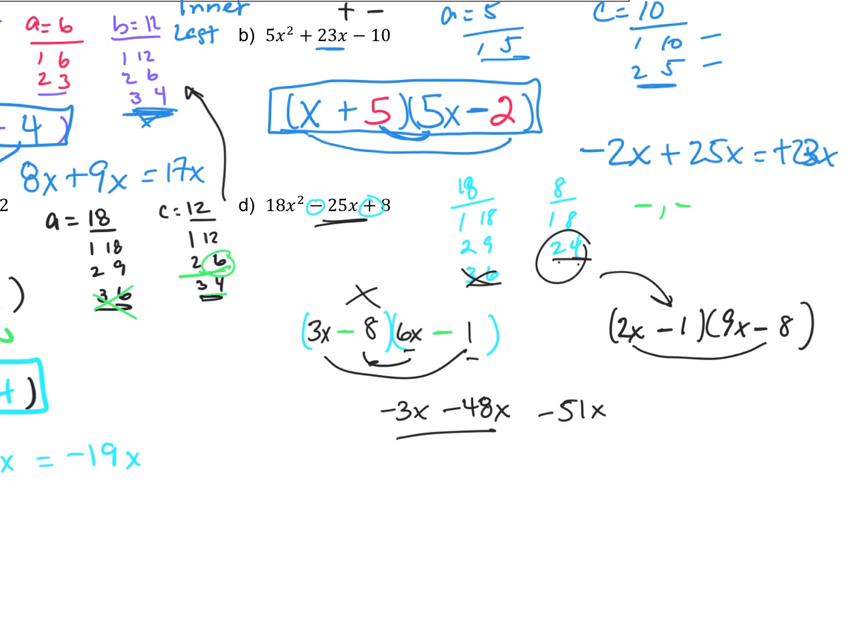So 2 times the negative 8 is a negative 16x. And negative 1 times a 9x is a negative 9x. And that gives us a negative 25x. So therefore, those work.